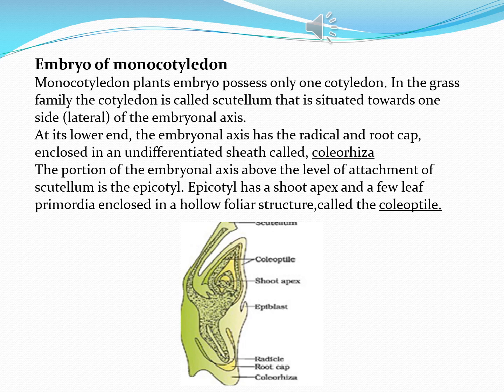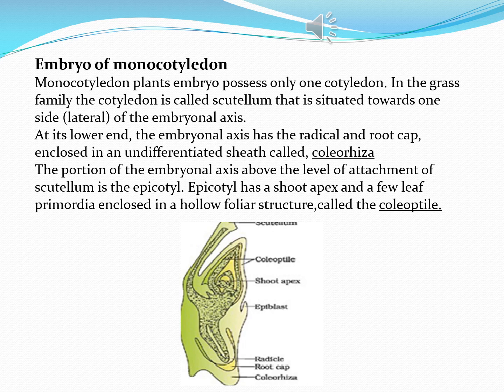Monocotyledons, as we know, consist of only one cotyledon. Especially in the grass family, the cotyledon is called the scutellum, and it is situated towards one side, the lateral side of the embryonal axis.